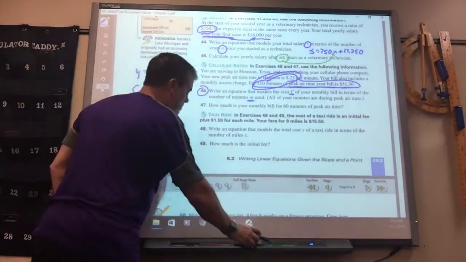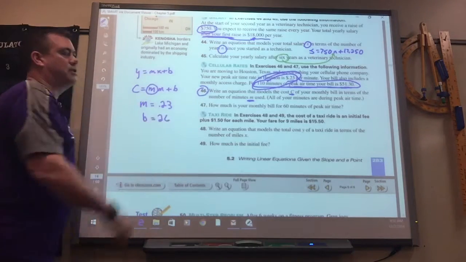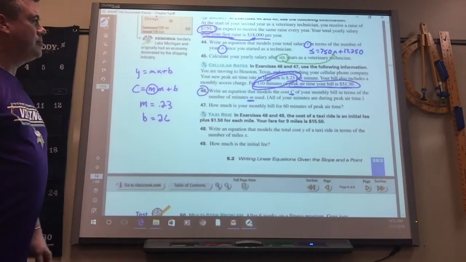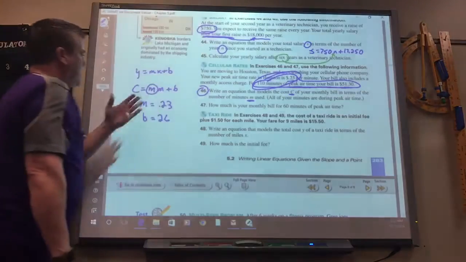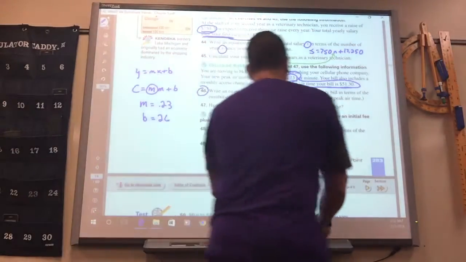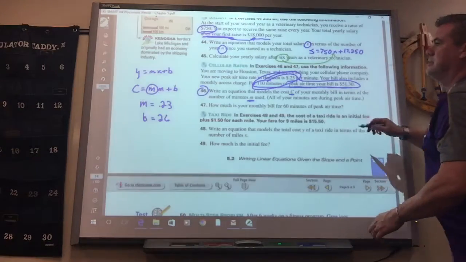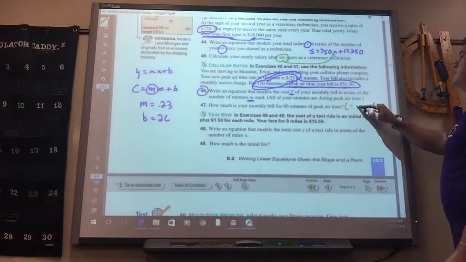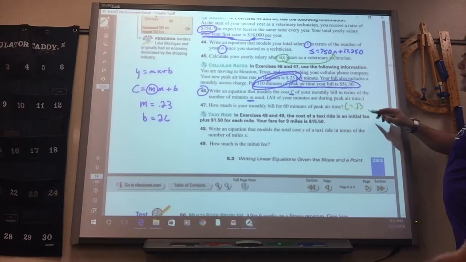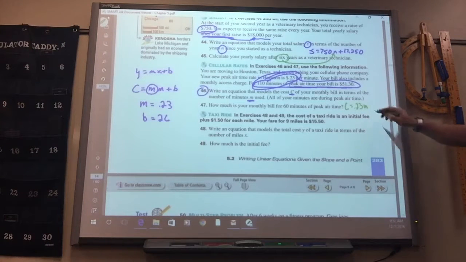Yes. So that means you paid $26 for your monthly access fee. Everyone understand how I got that? Okay. So then now we can write the equation. C equals m, which is 23 cents, times m for minutes, plus your monthly access charge.